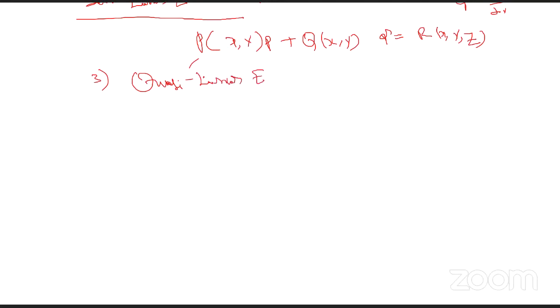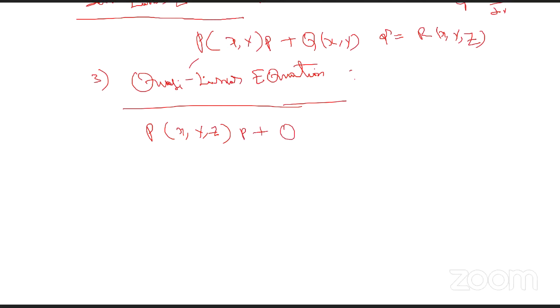A first order equation f(x, y, z, p, q) equal to 0 is called a quasi-linear equation if it is linear in p and q, of the form P(x, y, z) p plus Q(x, y, z) q equal to R(x, y, z).